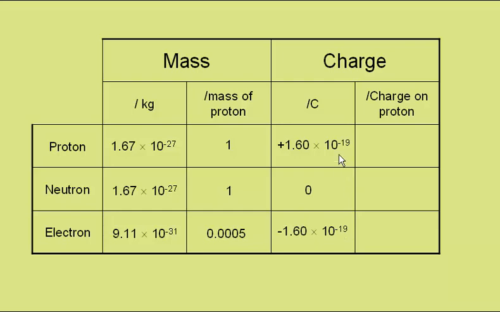So the proton and the electron have the same size of charge with opposite signs. This is why if you have the same numbers of protons and electrons in an atom, the atom itself is neutral. Compared to the charge on the proton, a proton clearly has a charge of 1, the neutron 0, and the electron minus 1.